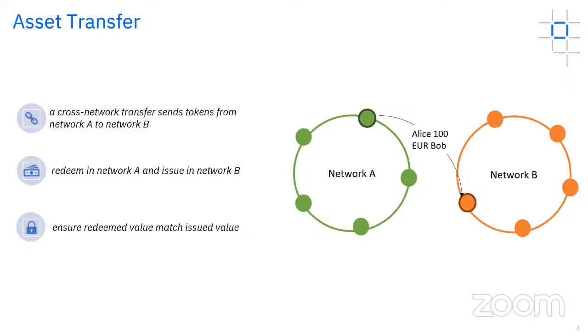So this is what we specify here: an across-network transfer can be understood as a redeem in the origin network, the network of Alice, and an issue in the network of Bob. It is also important to ensure that the values being destroyed and created are the same.